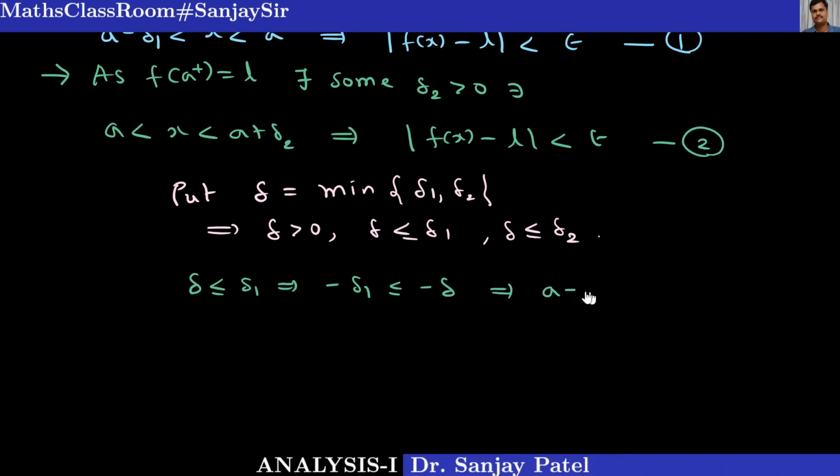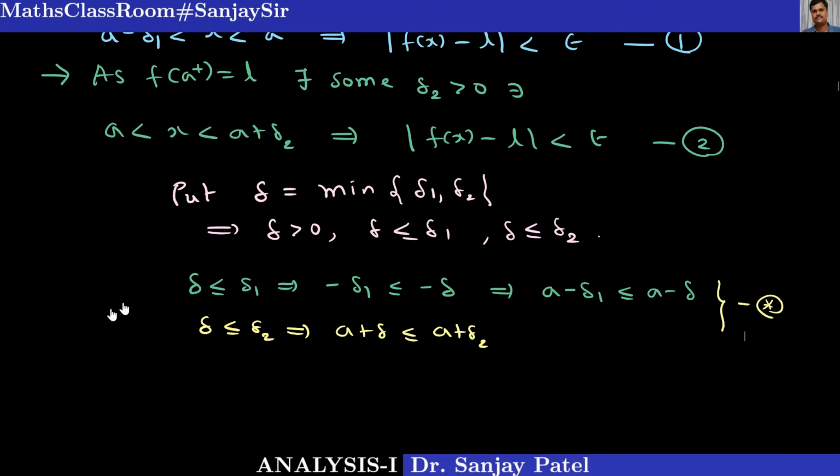Now adding a on both the sides, you will get a minus delta 1 is less than or equal to a minus delta. The same way I can use delta less than or equal to delta 2, which implies a plus delta is less than or equal to a plus delta 2. So just keep in mind these two observations.